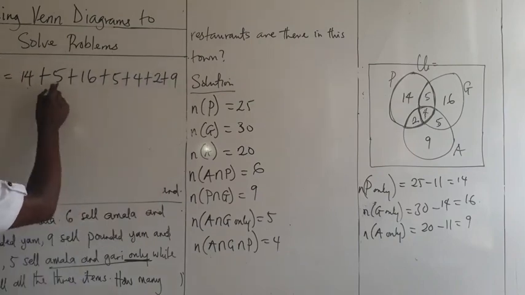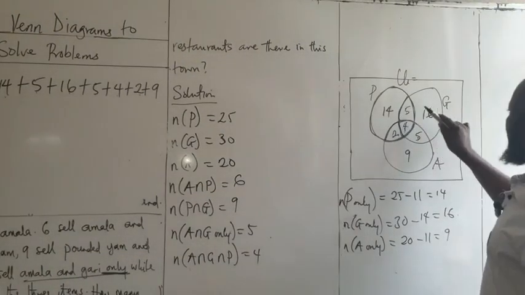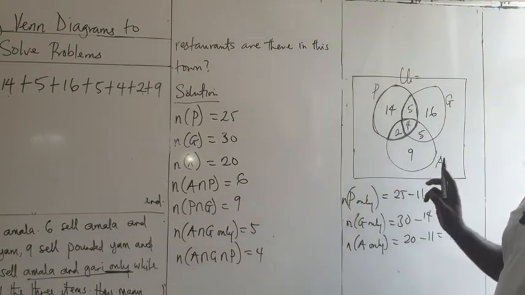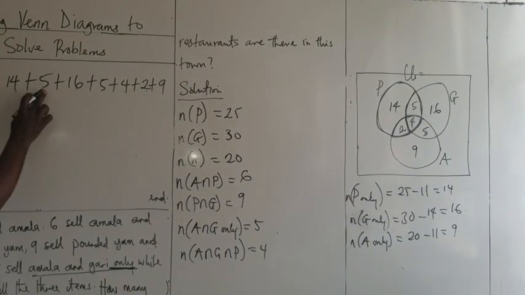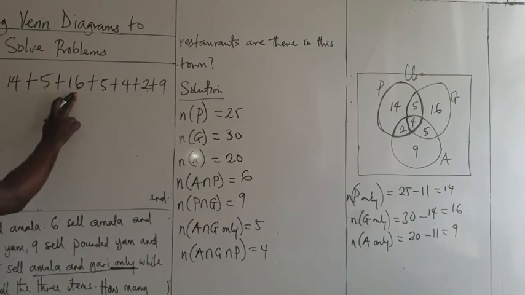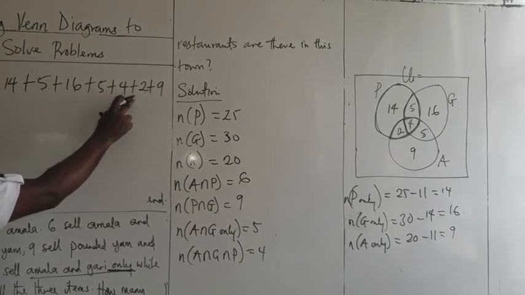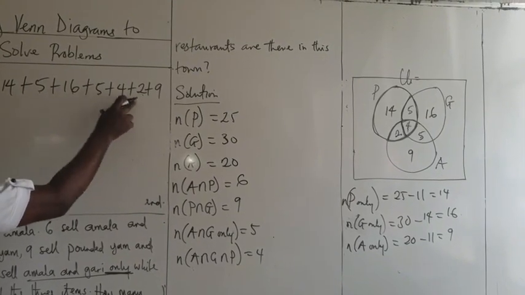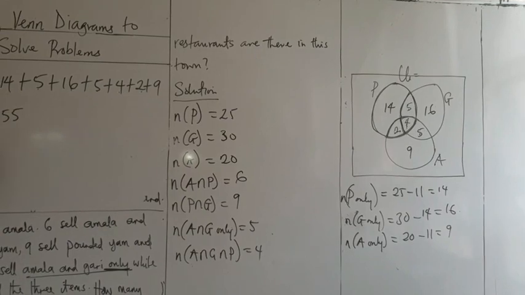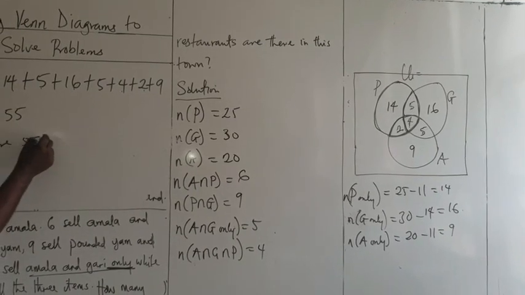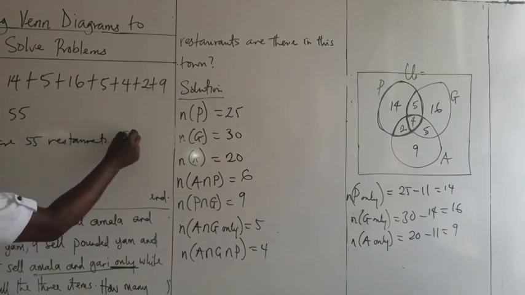If you count, 1, 2, 3, 4, 5, 6, 7 on the diagram and the same here. Let me add everything together: 14 plus 5 is 19, 19 plus 16 is 35, 40, 44, 46, and then 55. So there are 55 restaurants in the town.